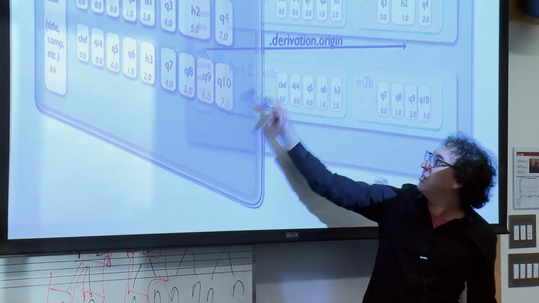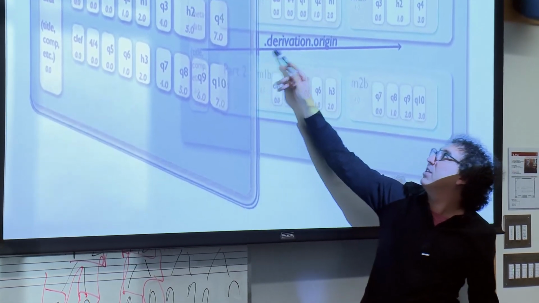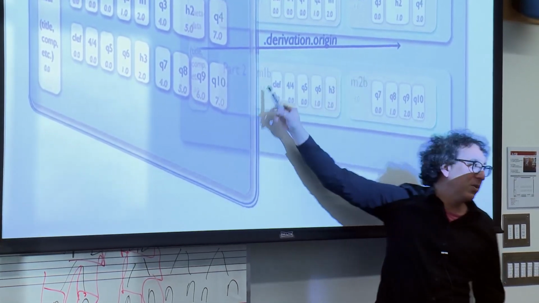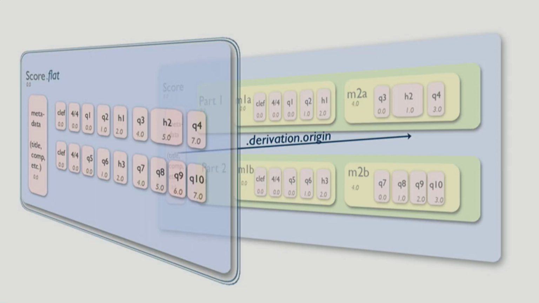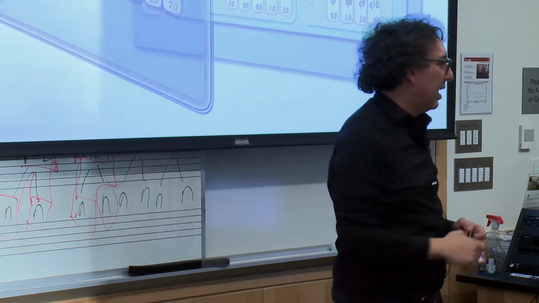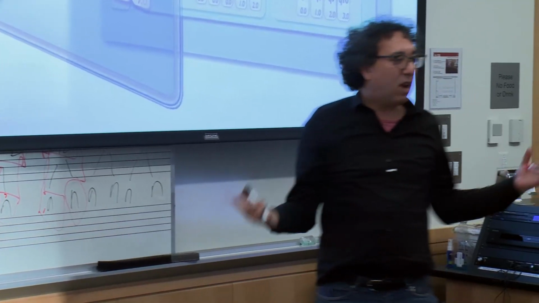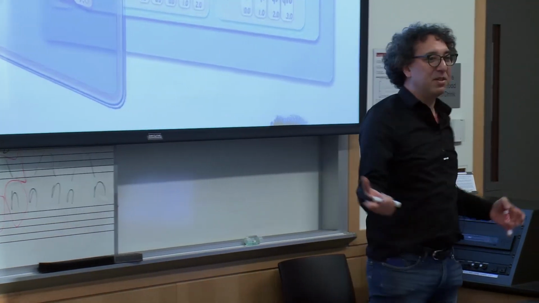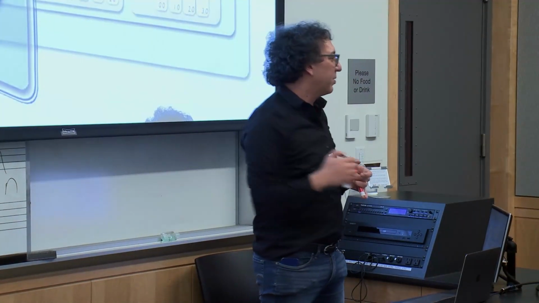So there is a property on all streams, .derivation.origin, which will take you back to the place where it came from, the pre-flattened stream. That's something you're going to be working with a lot. This is an ontological choice I've made on how flattened versions of scores have a derivation to the origin of the original score.